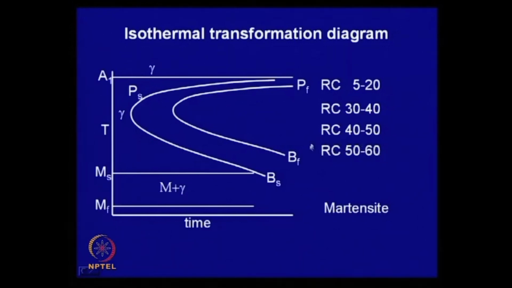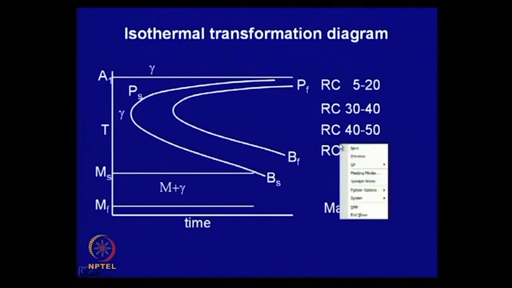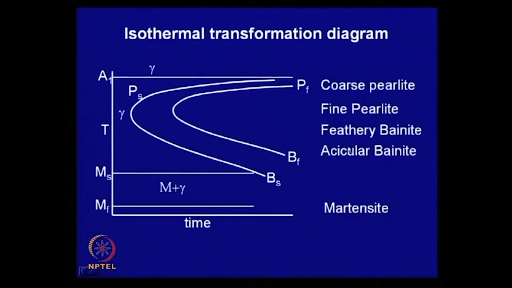That is what happens in this particular case, and this type of structure is called bainite, and in bainite you have two classifications. The previous one, which is closer to the pearlitic structure, we call feathery bainite.